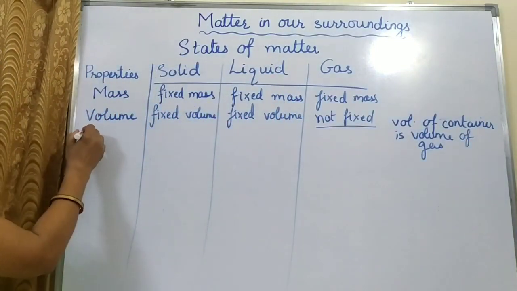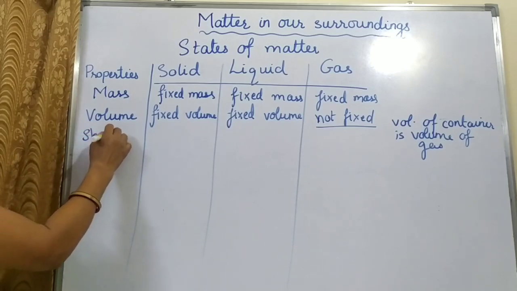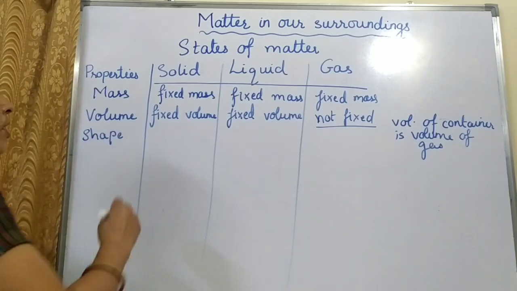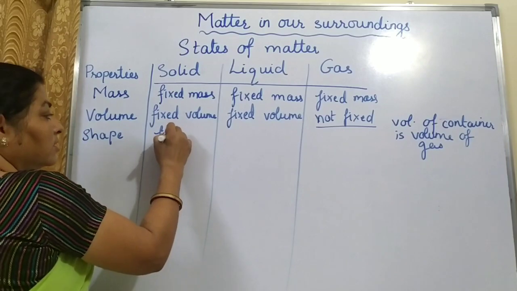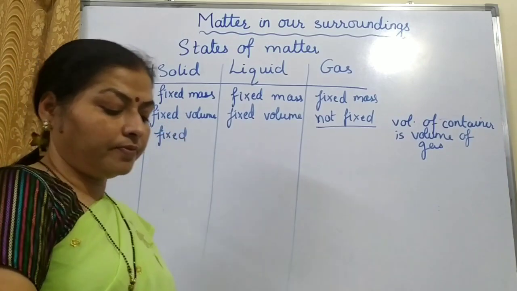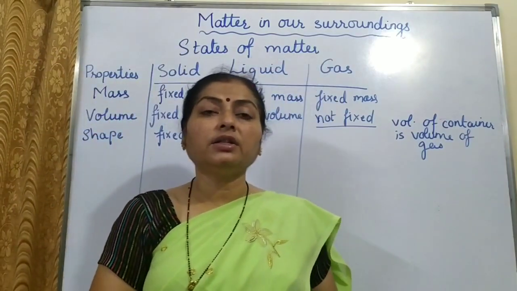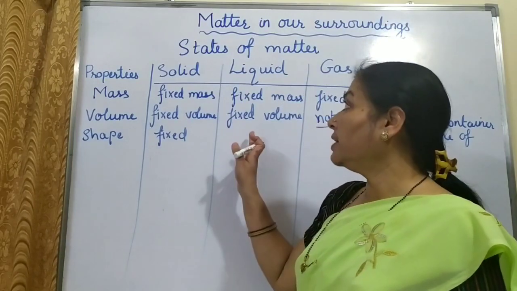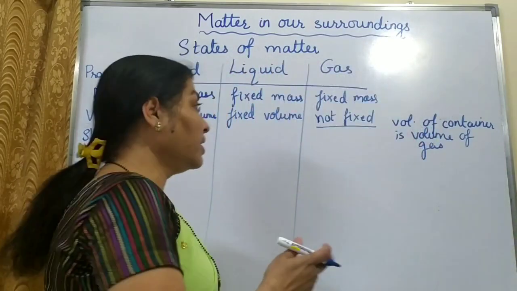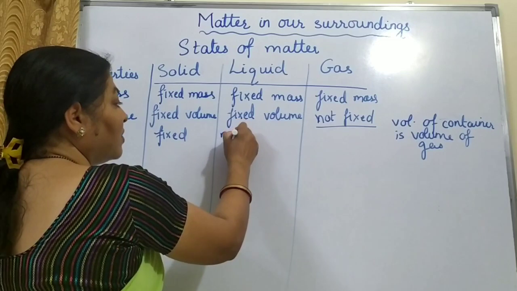Then the next one is shape. So shape of a solid is fixed. Solids have a fixed shape. You can't change the shape of a solid. But liquids, they don't have any particular shape and take the shape of the container.